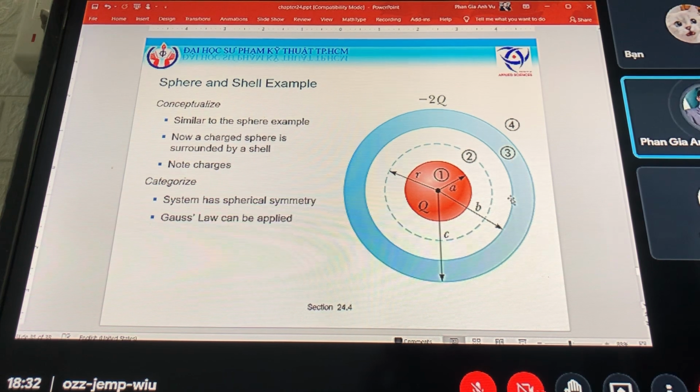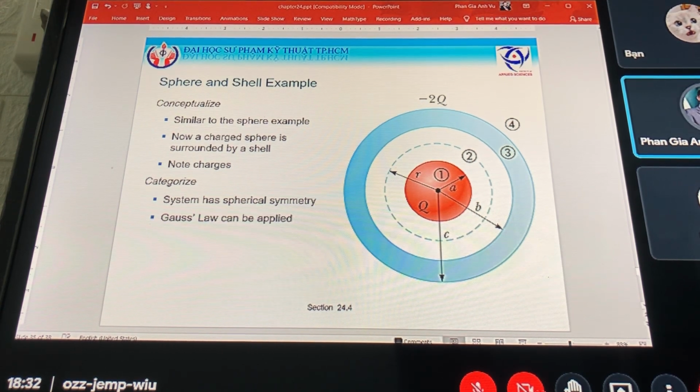right? What happened for the position that is outside the shell? Can you text your answer in the box? What is the electric field at the point that is outside the shell, at the area 4?